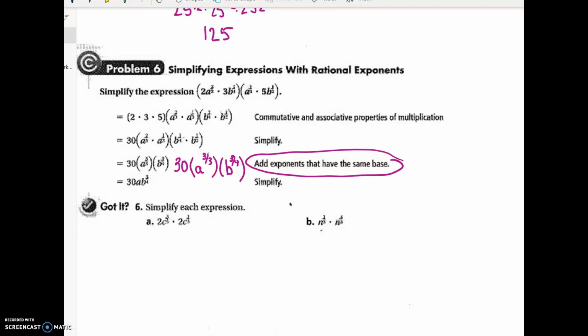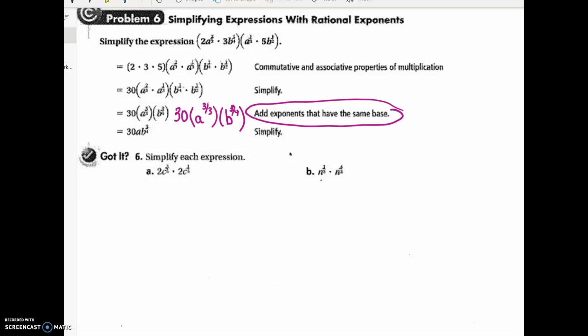Then we can simplify it because 3/3 would be 1. So we would change that to 1, and then b would stay as b to the 3/4 power. But again, it's pretty hard to read. Apologize for the copy here. It did not copy very well.